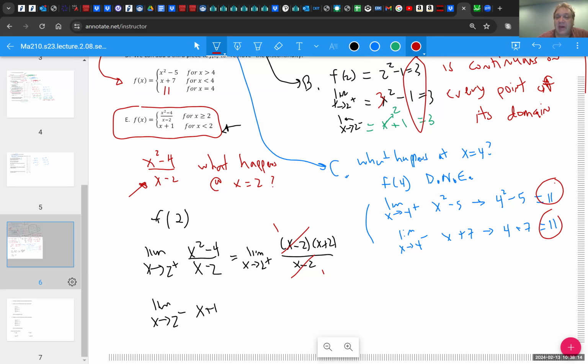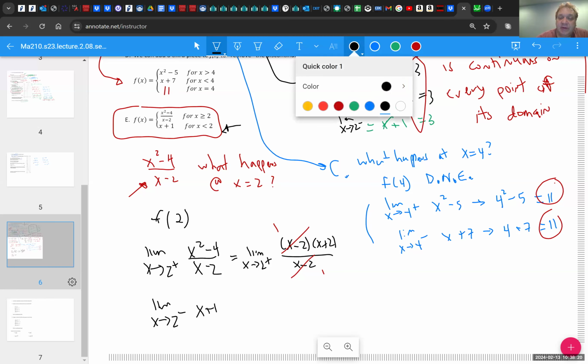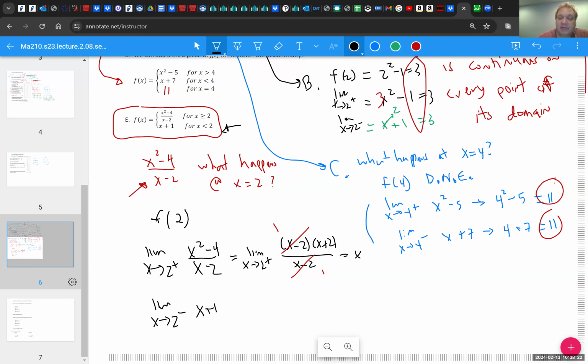So this just becomes x plus 2, where x is getting closer and closer to 2. So 2 plus 2 is equal to 4. This top limit is equal to 4.